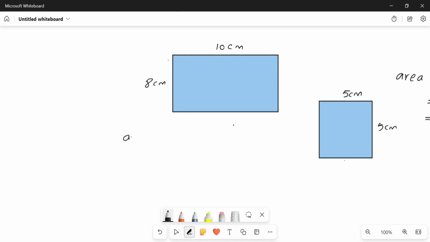So the area is length into breadth, that is 80 centimeters.